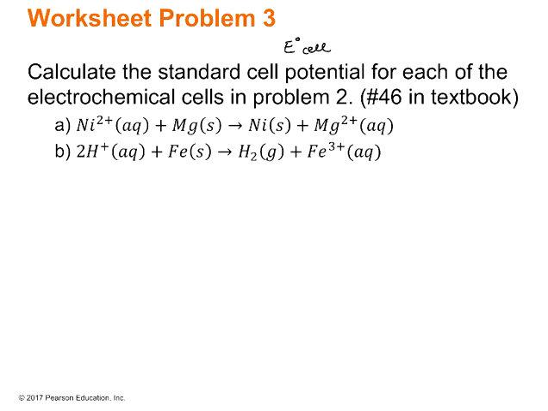And for A, remember we said that nickel was being reduced, so it was gaining electrons, and then we said magnesium was losing electrons to become magnesium ions.